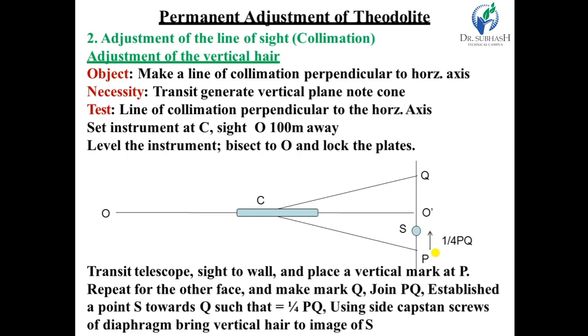Set the instrument at C and sight O at 100 meters away. After that, level the instrument, bisect O and lock the plates.